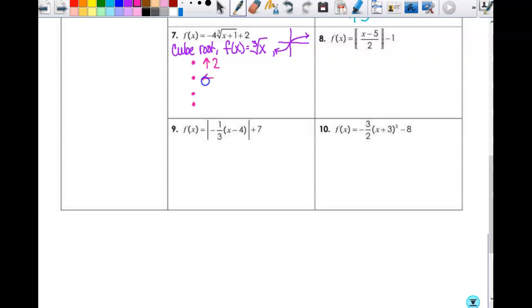Good, goes to the left 1. What does that 4 do? The 4. Very good. Thank you very much.